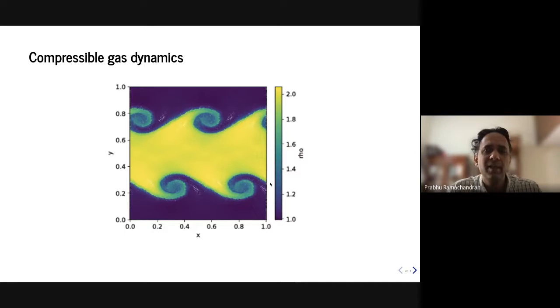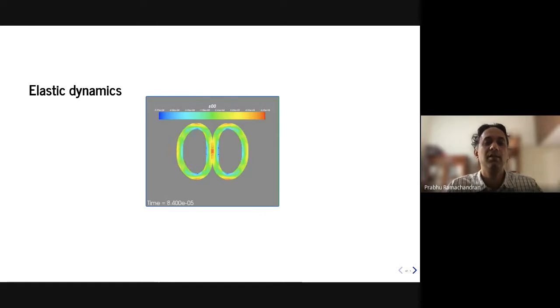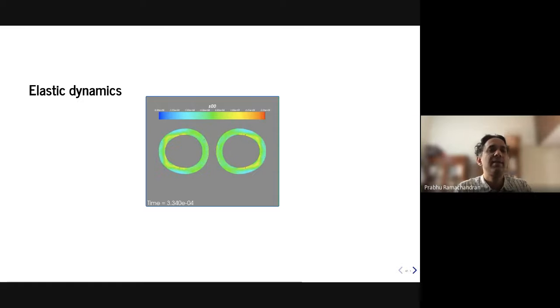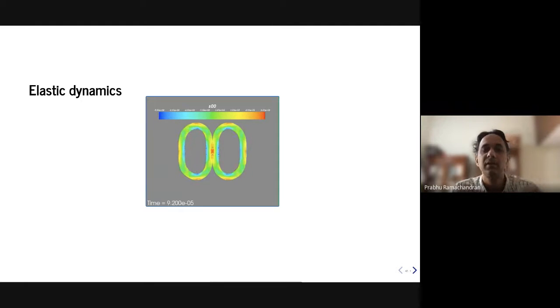This is again a fairly recent paper, a 2017 paper, which we have implemented in our open source framework that you can use. You can also do elastic dynamics. So this is something interesting. There are two steel rings that are going to collide, and you can look at the elastic dynamics of those. So all of these can be done with SPH. Again, it's exactly the same approach. The details of how you do the PDE and how you discretize it accurately is the thing that really changes.